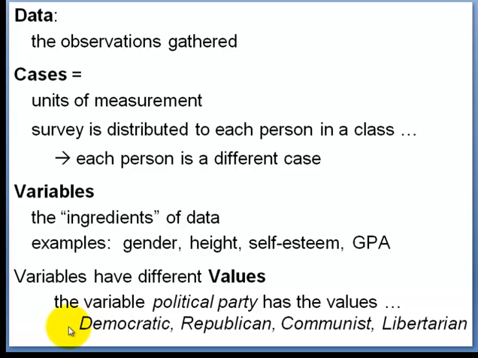Those are examples of the different values that the variable political party might take on. Gender can take on the values female and male. Eye color, the values for eye color would be the various colors of eyes. Blue, brown, green, and the like.